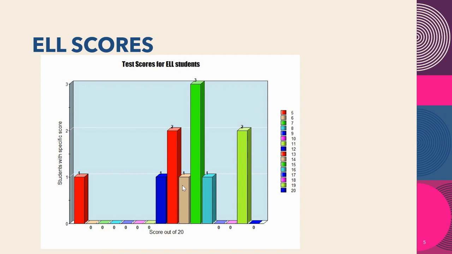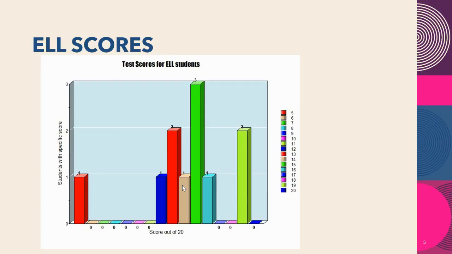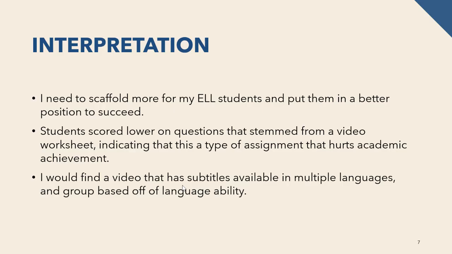So it's clear that there's a downward shift from the rest of the class, predominantly higher scores. Now it's lower. So I need to scaffold more for my English language learner students and put them in a better position to succeed. Again, students scored lower on questions that stemmed from a video worksheet, indicating that this type of assignment is one that hurts academic achievement.